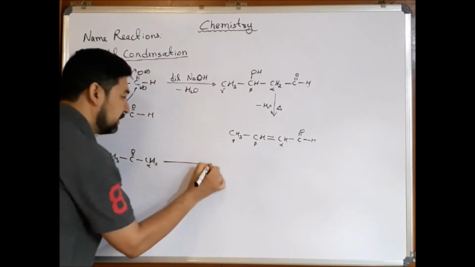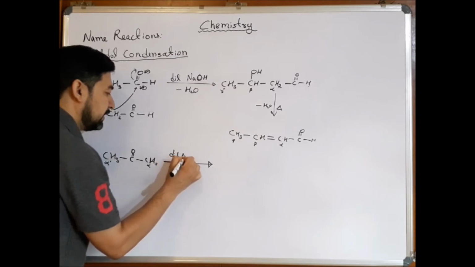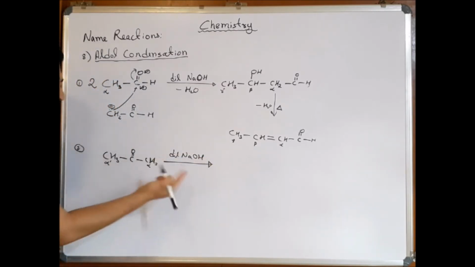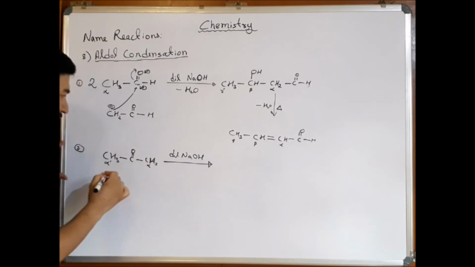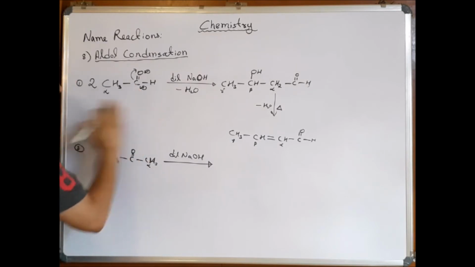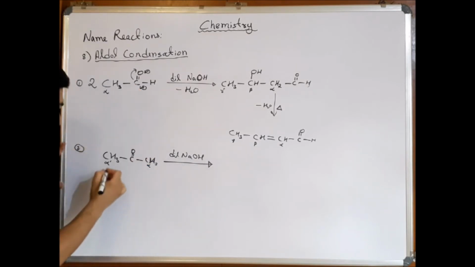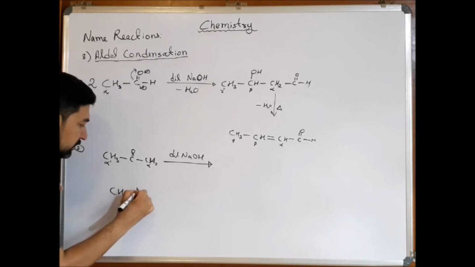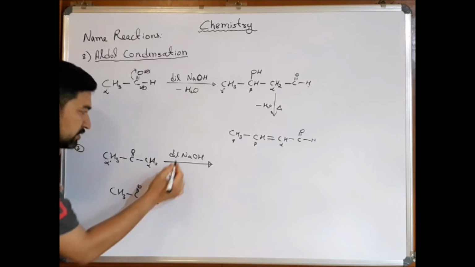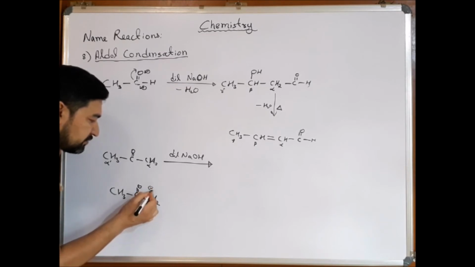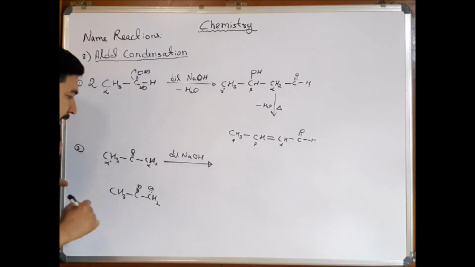Now with the same reagent, dilute NaOH, it abstracts one of the alpha hydrogens. Normally once you complete, you erase this and draw the structure again with a pencil. Suppose it abstracts from this carbon, so it will be CH2 negative, because it abstracts just the proton and leaves the electron pair here.